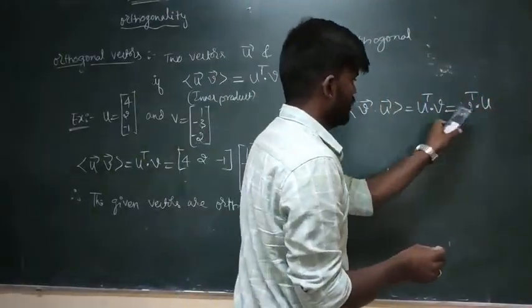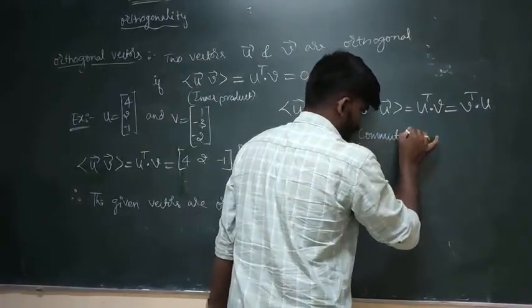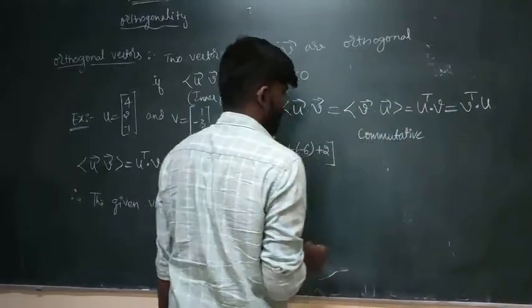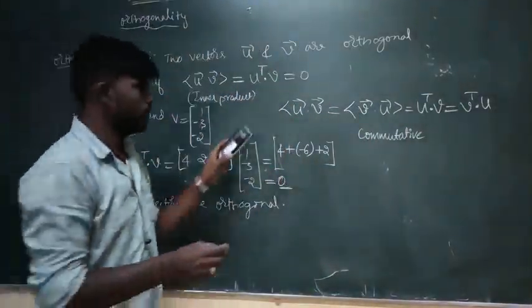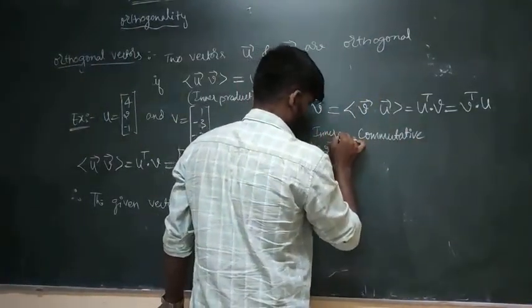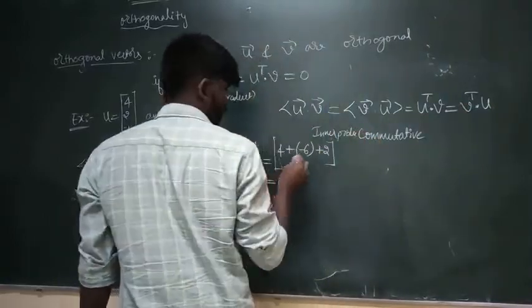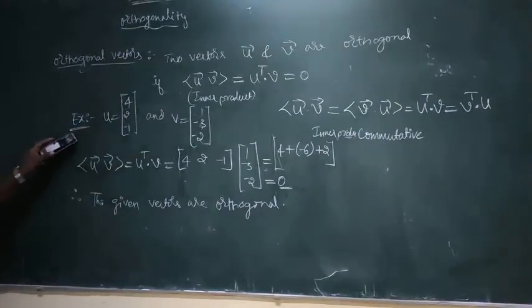Therefore, we denote that as the commutative law. The inner product of two vectors is commutative. This is one property. This is one example. We will see next what are orthonormal vectors. This was orthogonal vectors; next, we will see orthonormal vectors.